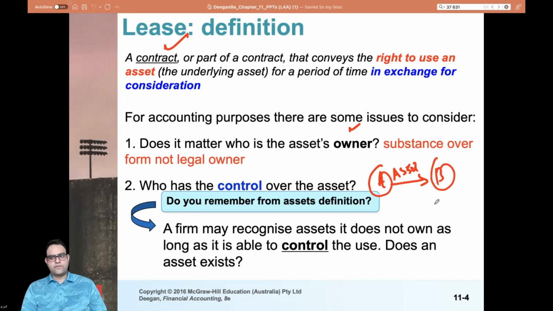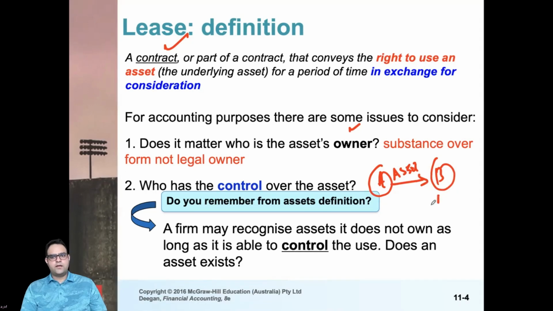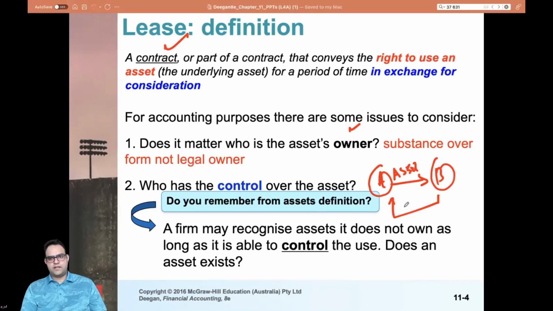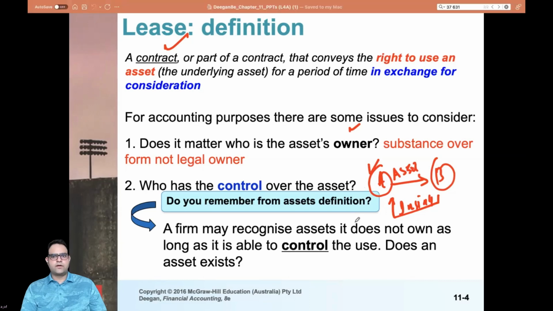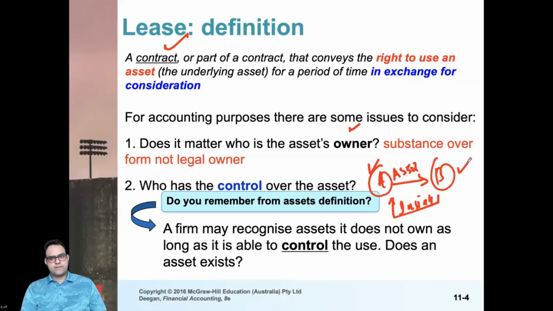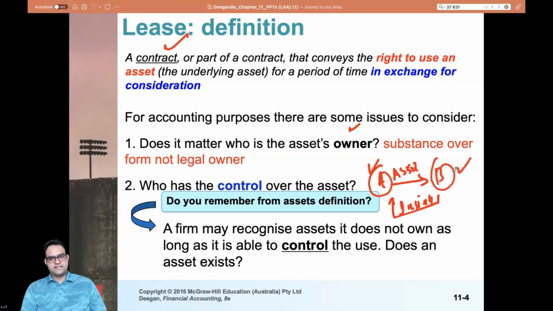You can use this asset for 5 years or 4 years. In return, B says, I will provide you the money, the installments. In this case, the person who is giving the asset is the lessor, and the person who is receiving the asset and making the payment is the lessee.